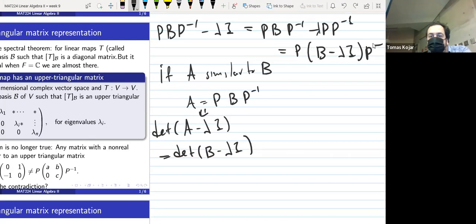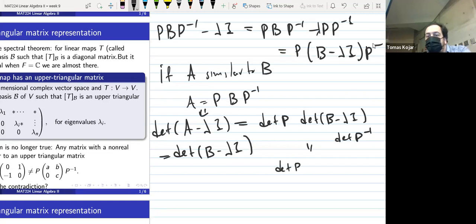So this guy would be determinant of P, characteristic polynomial of this guy, times determinant of P inverse, which is 1 over determinant of P, so they cancel out. So all right, that means they have the same eigenvalues.